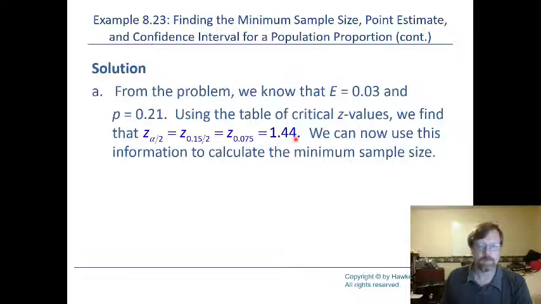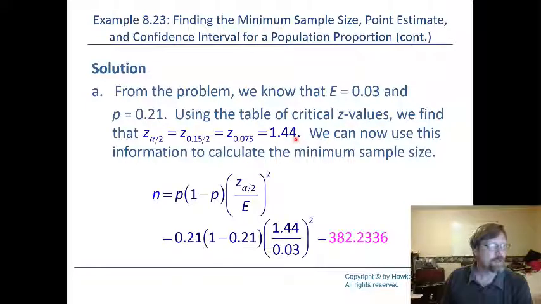We calculate our minimum sample size with those. So there's our estimated population proportion, our 0.21. Our critical z-score, 1.44. And our margin of error is down here, 0.03. So we've got 382.2366. Since we can't have a partial student sampled, we'll round up to 383.